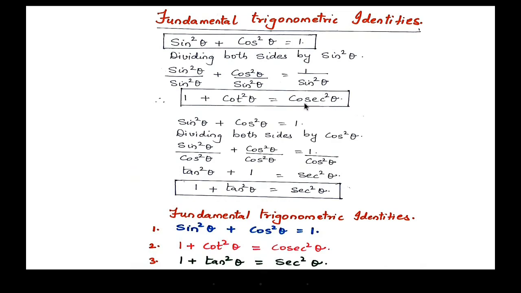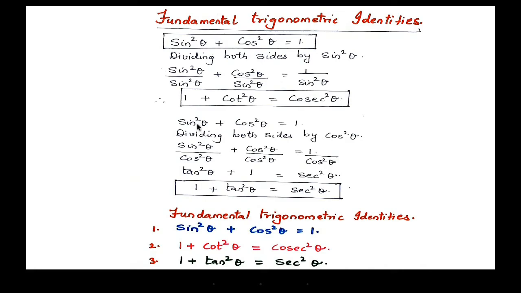So this is a fundamental trigonometric identity: 1 plus cot square theta is equal to cosec square theta. In the same way, if we take the identity which you have already studied, sin square theta plus cos square theta is equal to 1, now we divide this identity on both the sides by cos square theta.